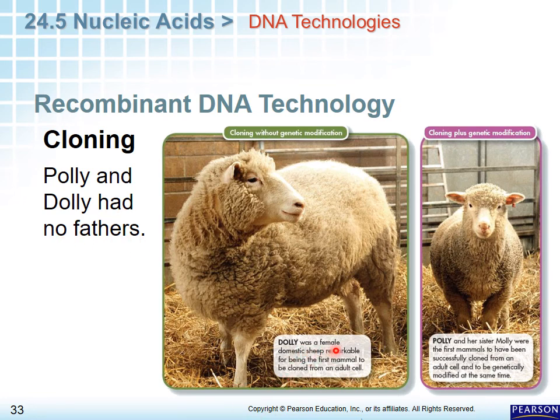Dolly was a female domestic sheep, remarkable for being the first mammal to be cloned from an adult cell. And Polly and her sister Molly were the first mammals to have been successfully cloned from an adult cell and to be genetically modified at the same time.